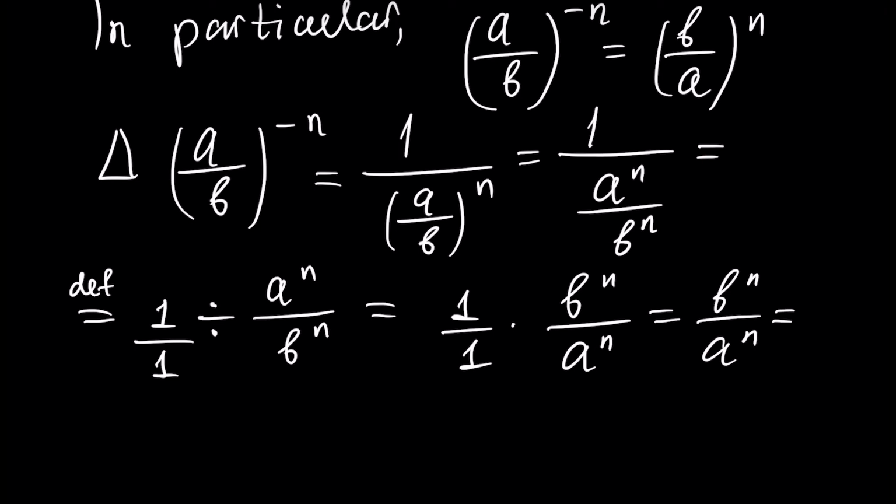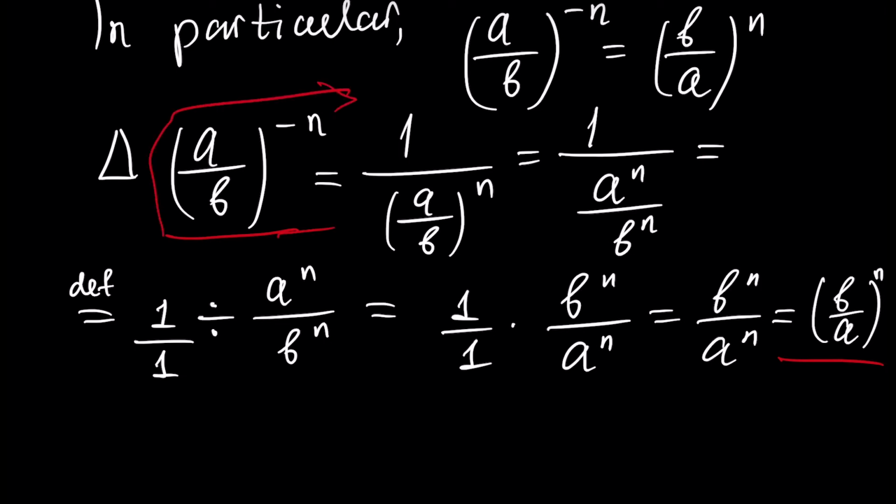Using previous laws, this is b divided by a to the power n. So we have a result, and if we rewrite it, we have a result here.